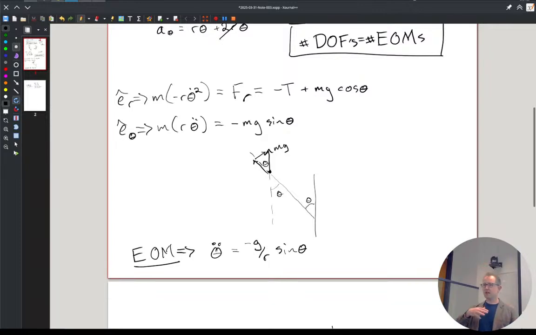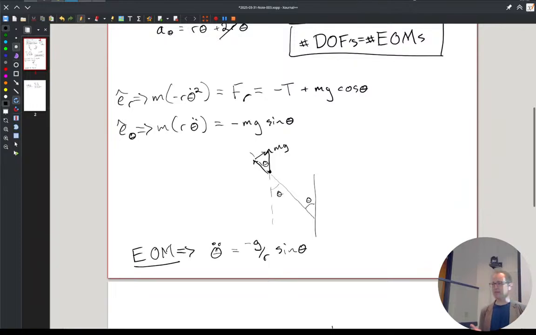And I'm not trying to take the e_r component and add it in there. I'm just saying this is going to be true no matter what angle it's at, and for all time. At least based on the forces that we have drawn in our system, this differential equation is always true.